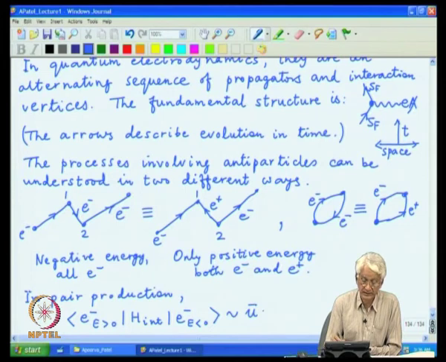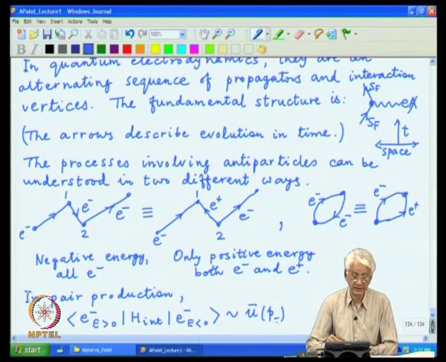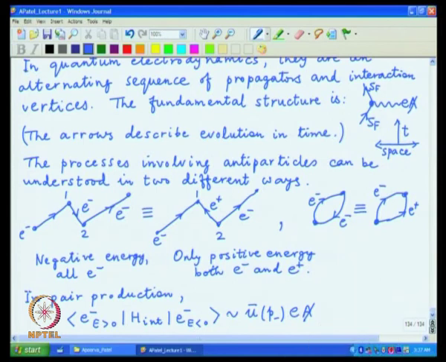The final state electron will have a wave function u bar with some momentum which is p minus, minus here refers to that it is an electron, the interaction will be something of the nature A slash, and then the initial state is a negative energy electron, and we saw its fundamental variable was this wave function denoted by V.